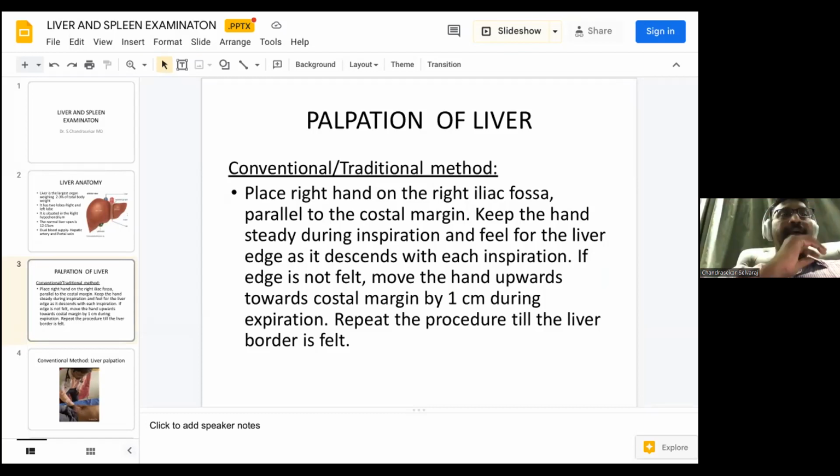The clinical examination of the liver starts with introducing yourself and explaining the procedure, and making the patient flex the knee so that you don't exert much tension in the abdomen.